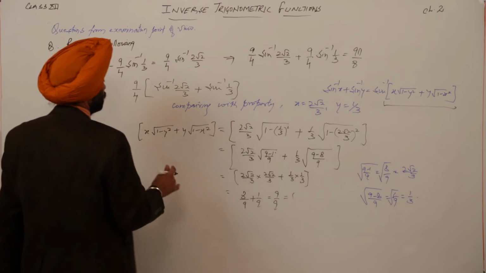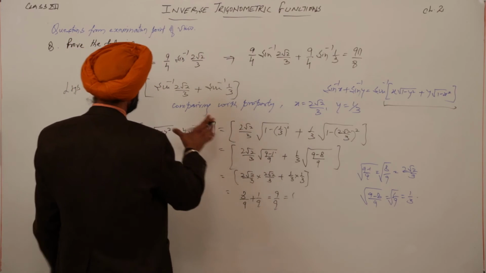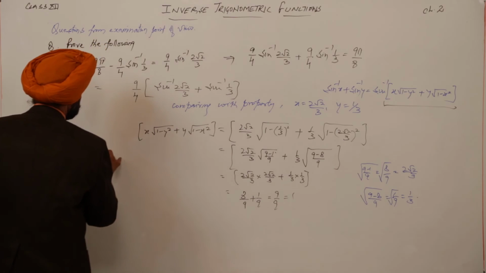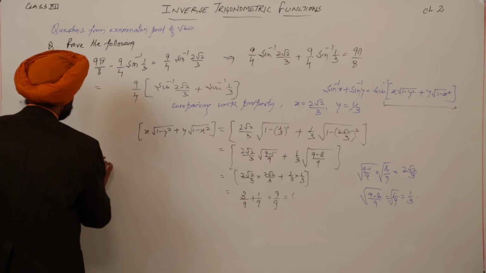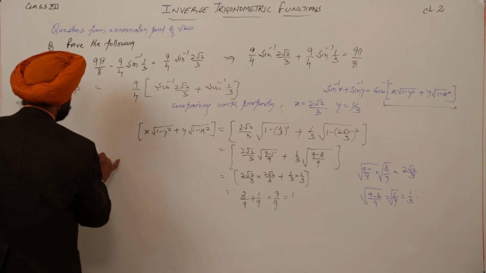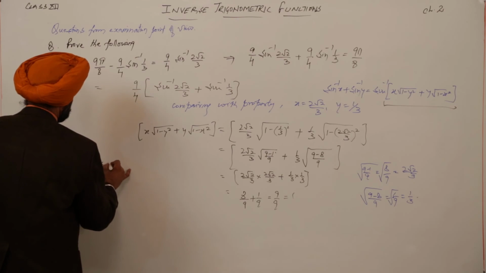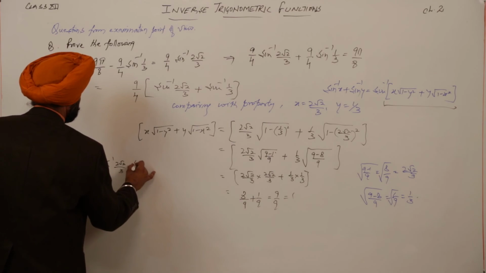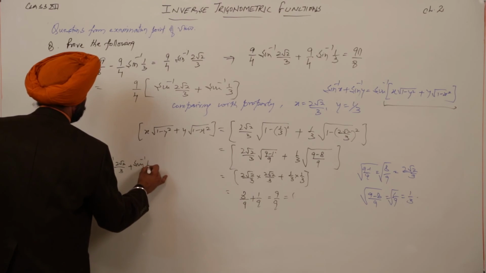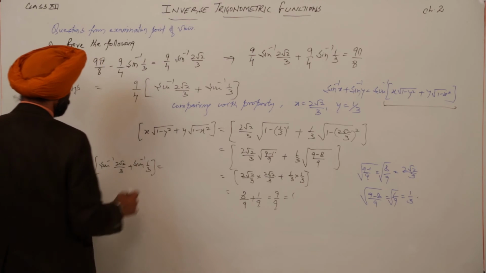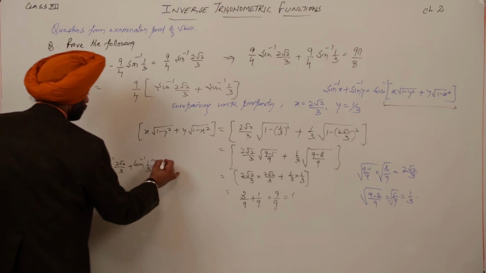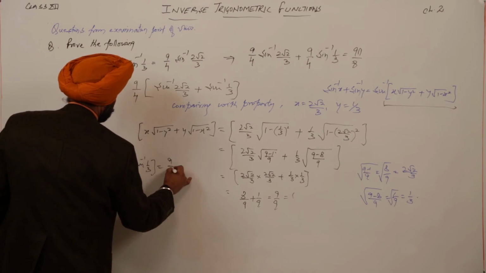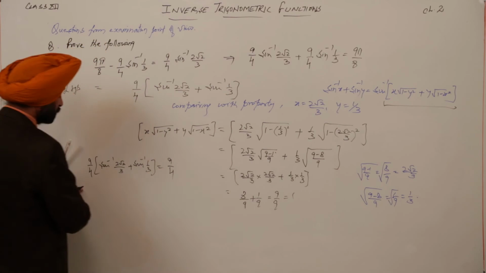Okay. So now our question becomes what? The question becomes 9 by 4 sine inverse 2 root 2 by 3 plus sine inverse 1 by 3 is equal to, now this becomes 9 by 4, 9 by 4 as it is.